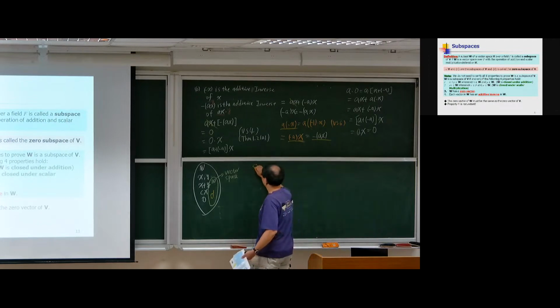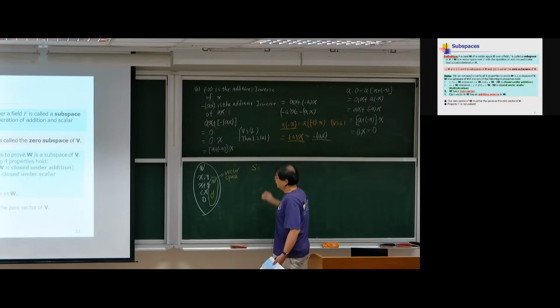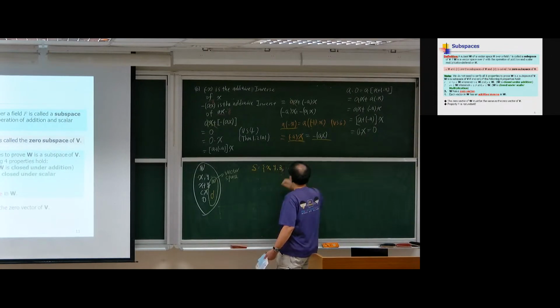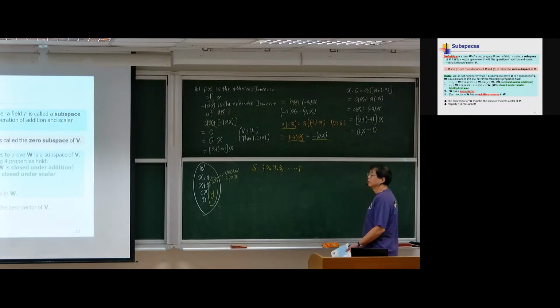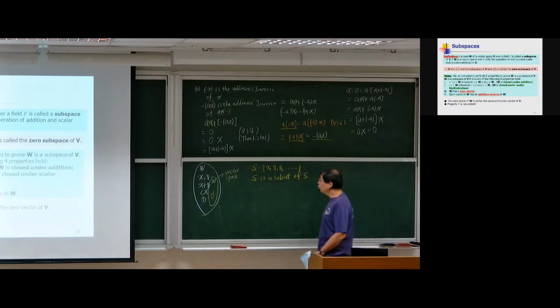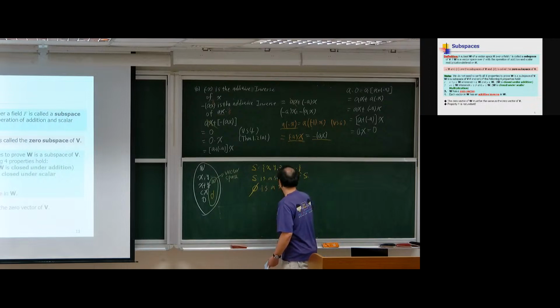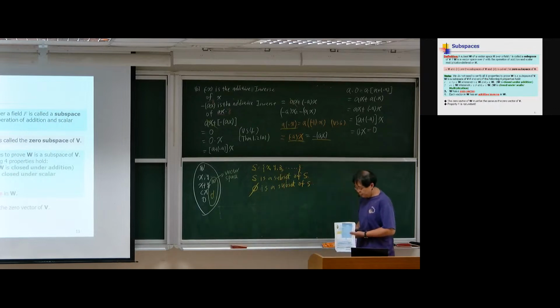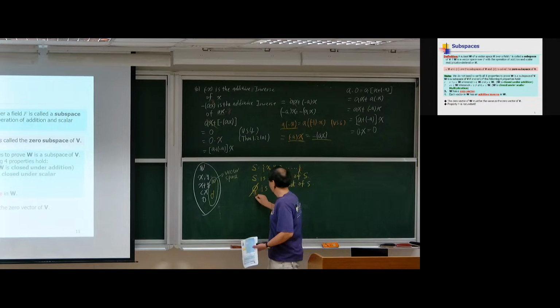So if I have a set S, which means that it contains some elements here, S itself is a subset of S. And another one, the empty set, is a subset of S. What does the empty set mean?